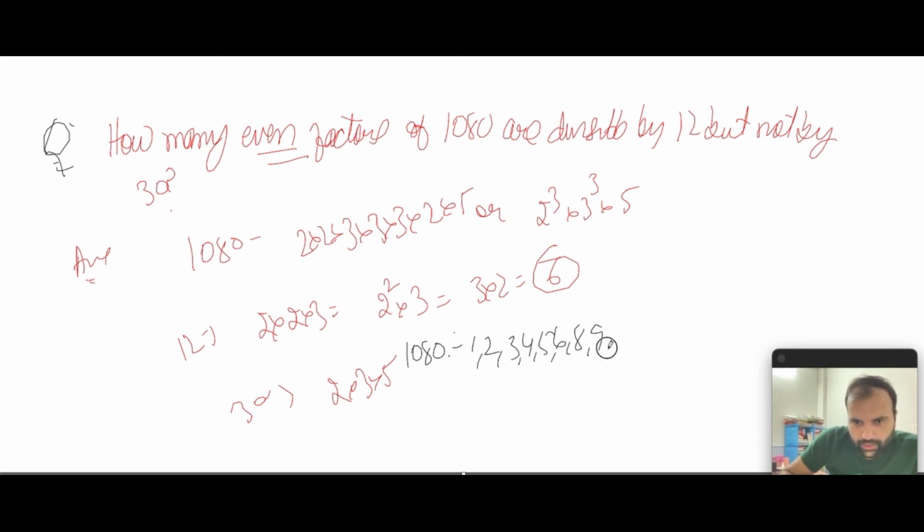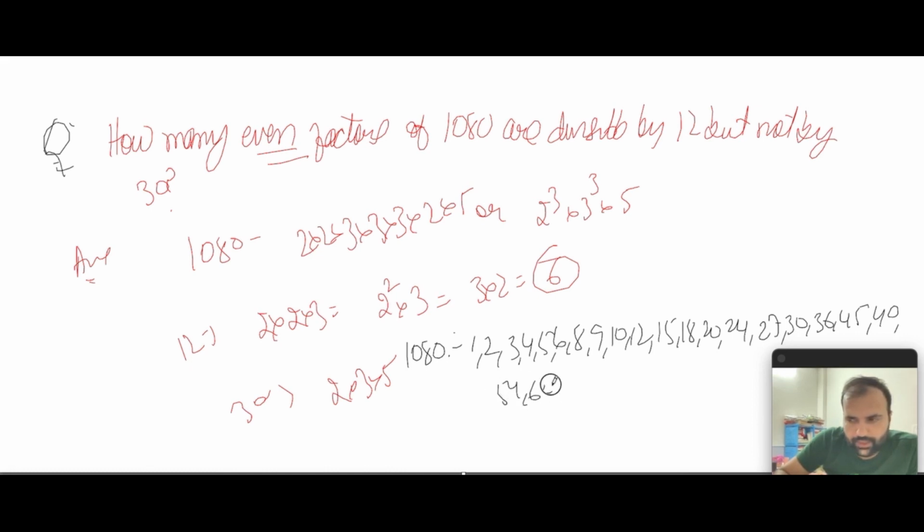It should be 1, 2, 3, 4, 5, 6, 8, 9, 10, 12, then 15, 18, 20, 24, 27, 30, 36, 40, 45, 54, 60, 72, 90.